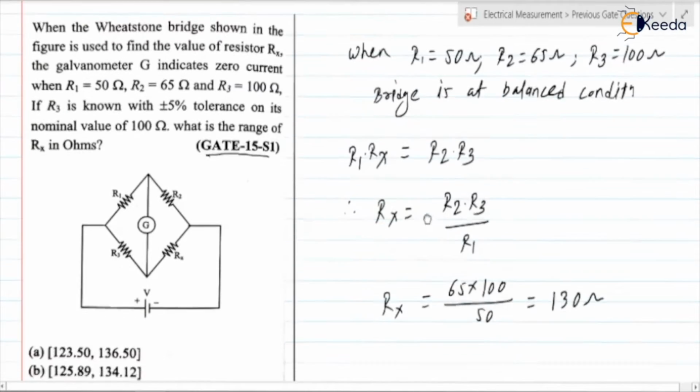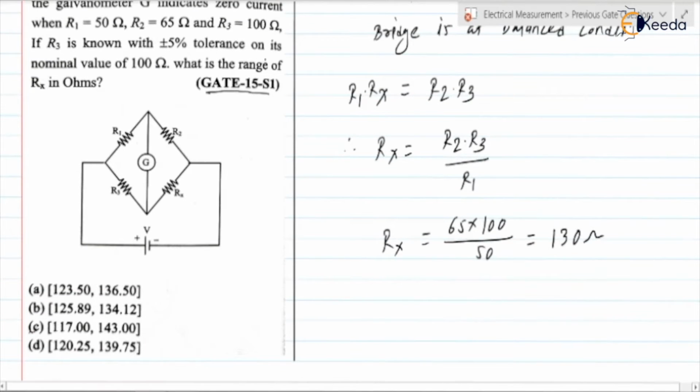Okay. Next, now it is given that R3 has a tolerance of plus minus 5%. So first case, let us consider R3 has a tolerance of plus 5%.